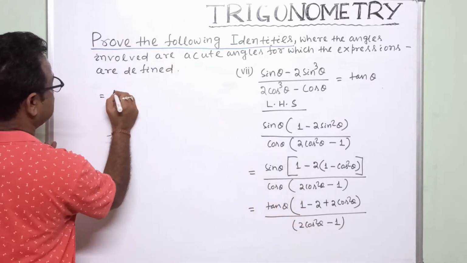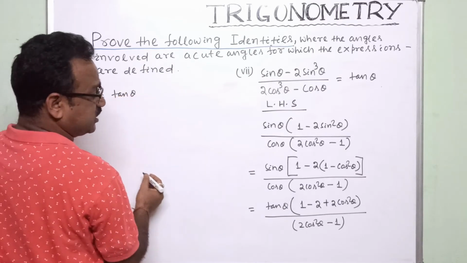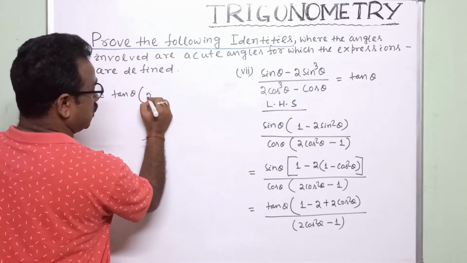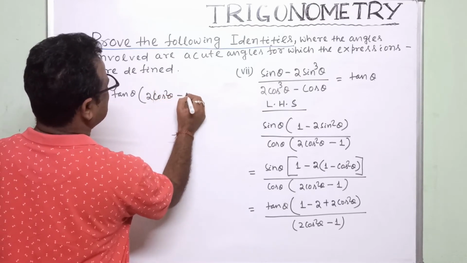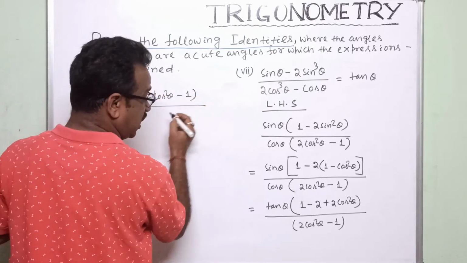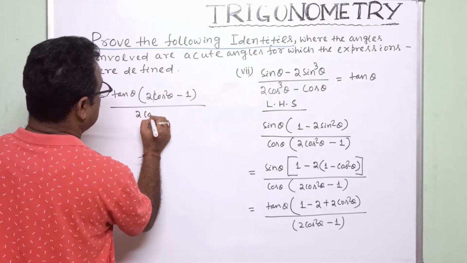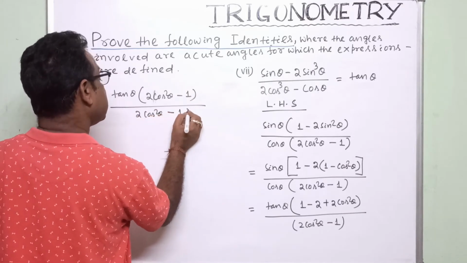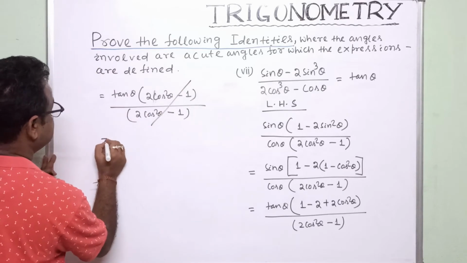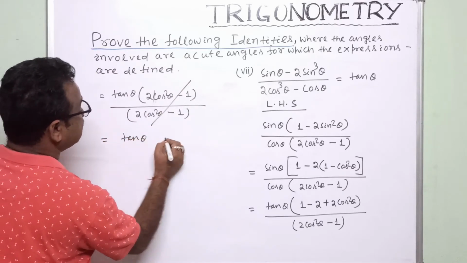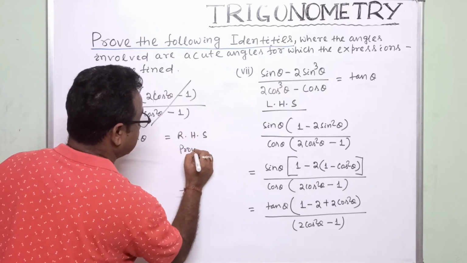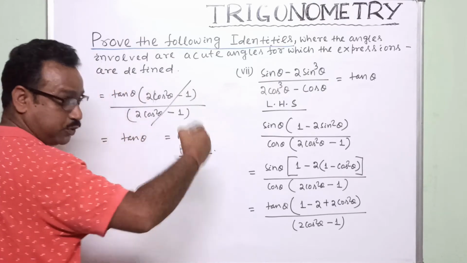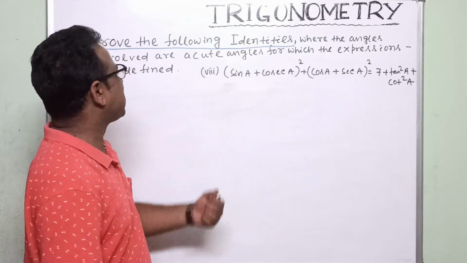That is equal to tan theta into 2 cos square theta minus 1, whole divided by 2 cos square theta minus 1, cancel. That is equal to tan theta, which is equal to RHS. Proved.